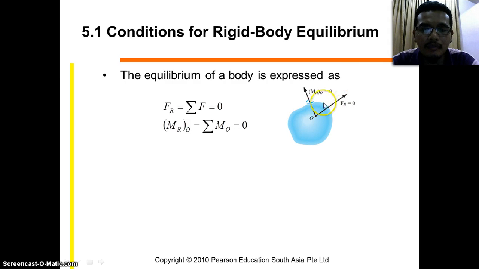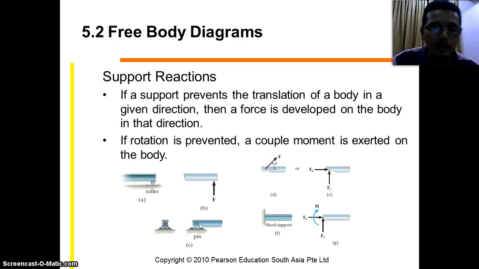Actually there are many forces applied at point O here, so we just take the resultant force acting at point O, and it equals 0, and the total sum of moments acting about point O is equal to 0. So the condition for a rigid body in equilibrium is that the resultant force equals 0, and the total resultant moment about point O here is equal to 0.